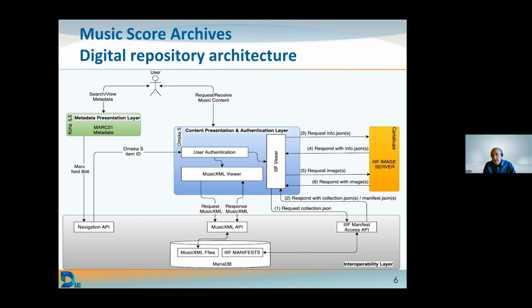As you can see, the digital objects are managed by Cantaloupe IIIF server. You see it at the extreme right in orange. And we use the IIIF Presentation API to define the structure of the digitized content. Every musical work is given by a collection of IIIF manifests.